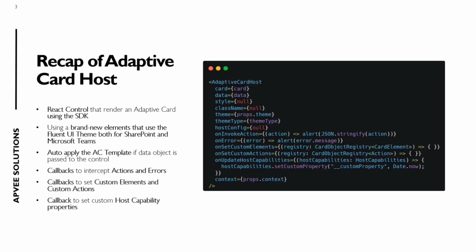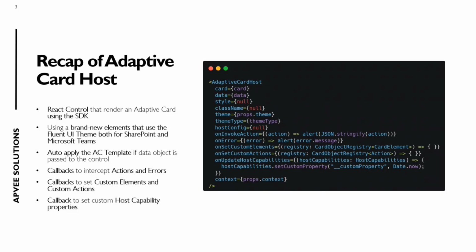So just a simple recap about the adaptive card host. This React control is able, by using the SDK of the adaptive card, to render an adaptive card with the look and feel of Fluent UI. So by using the Fluent UI React control for actions and inputs inside a SharePoint Framework solution.